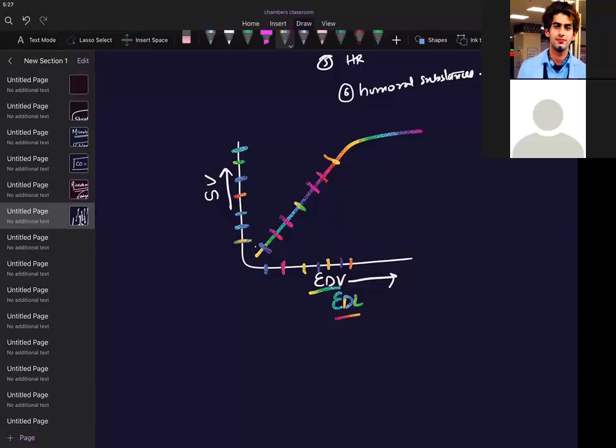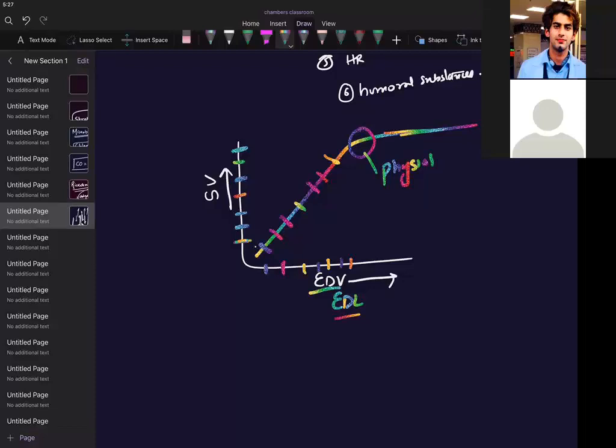But there is a limit being reached here, called the physiological limit, where you have a plateau phase. But for the most part, as you increase the end diastolic volume, the stroke volume correlates with it, showing a direct proportionality, a direct relationship. Okay, this is understood now.